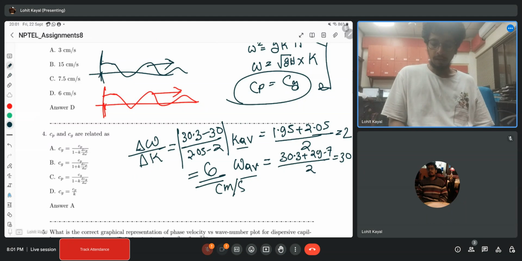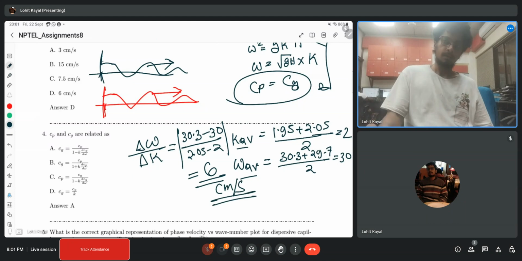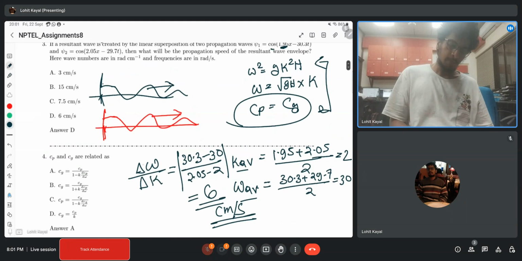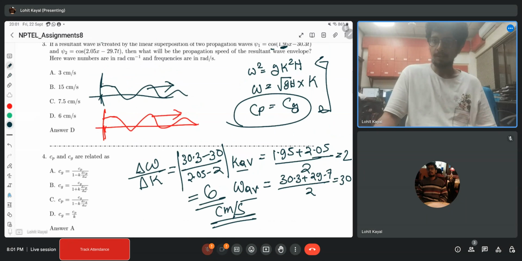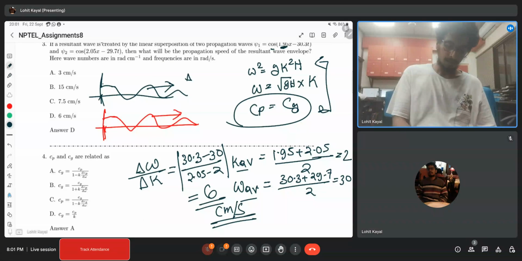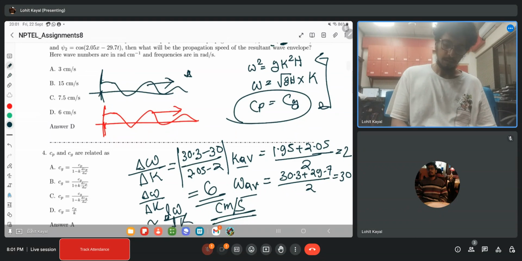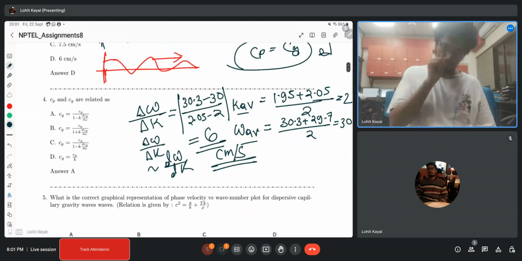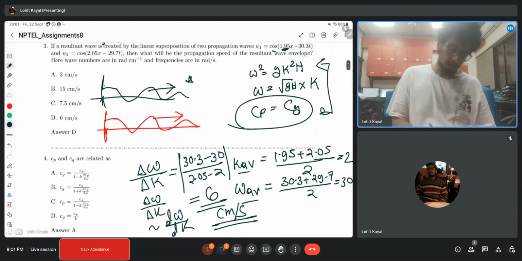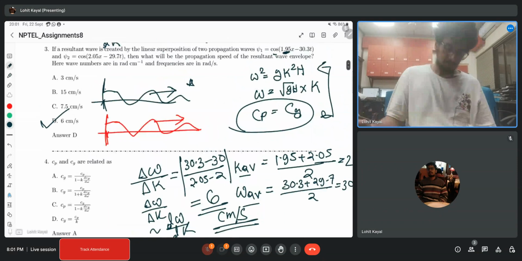It will be your group velocity. See that delta omega by delta k is approximately equal to d omega dk. So this is the whole idea. Your correct answer will be D.